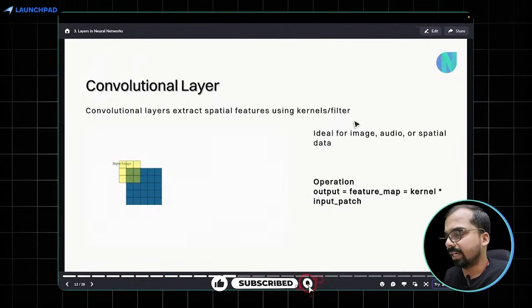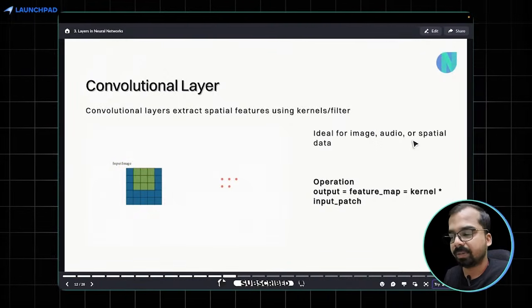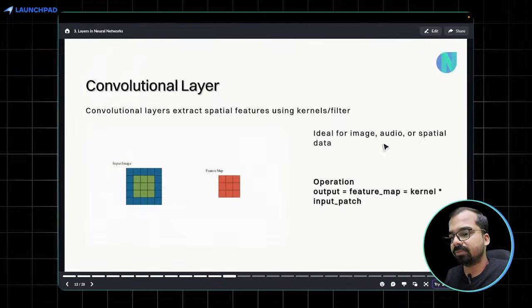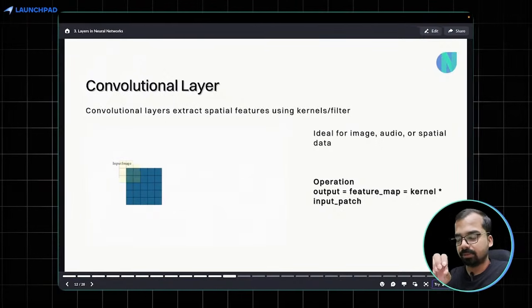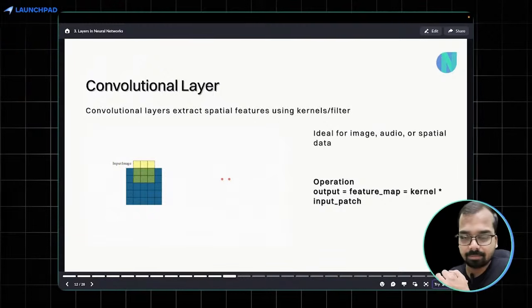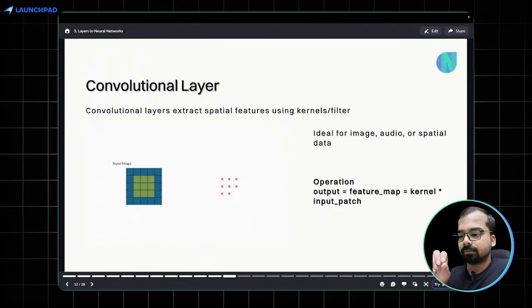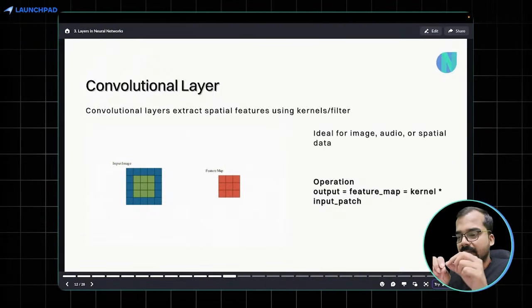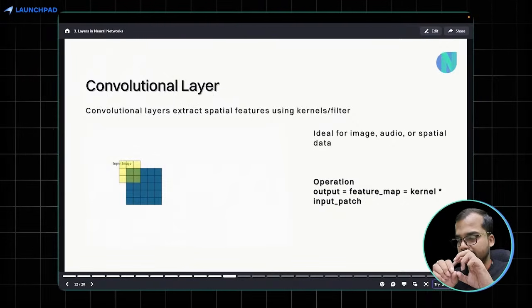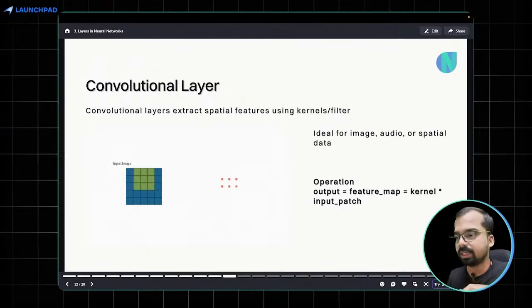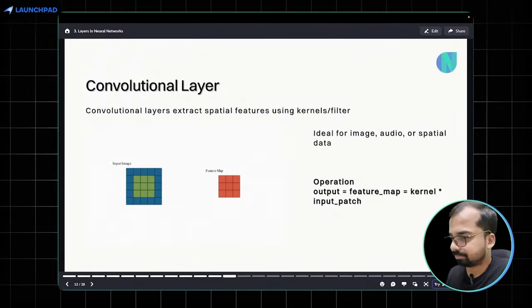So it is quite ideal for image, audio, or spatial data. Spatial data basically means that a particular value, in the case of this image example, a pixel, has some relation with the surrounding pixels. So it's related to them in space. That's why it's called spatial data.